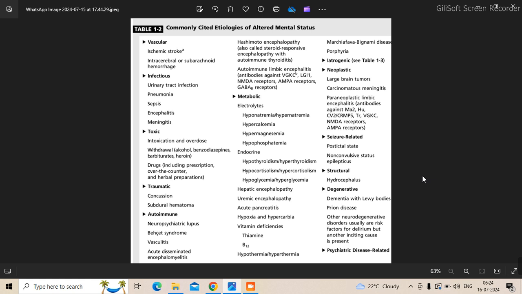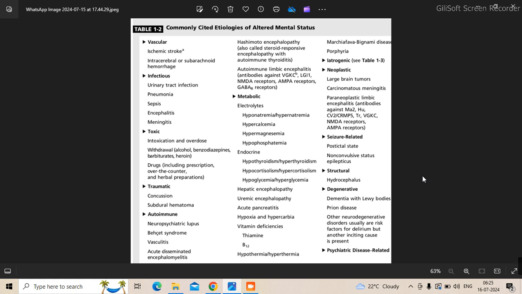Various electrolytes: besides sodium, you should send the calcium, magnesium, and phosphate levels also. TFT should be done, serum cortisol should be done, and sugars. LFT, RFT, ABG, that is an important cause. In vitamins, B1 and B12 can be sent.